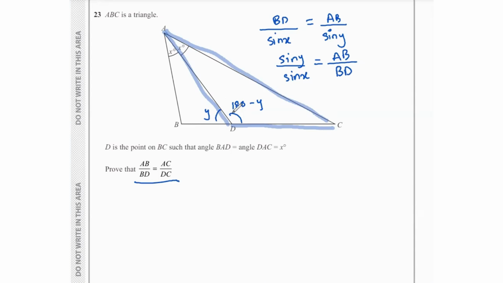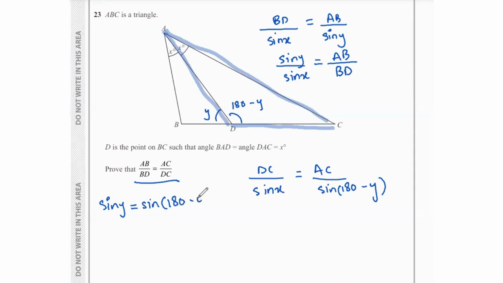And if this angle is Y, this would be 180 minus Y. So we'll say DC over sine X equals AC over sine of 180 minus Y. Now over here, you need to remember a rule that sine Y is the same as sine of 180 minus Y, which means over here, we can replace sine 180 minus Y with sine Y. Both have the same value.